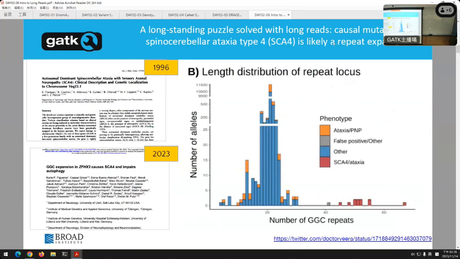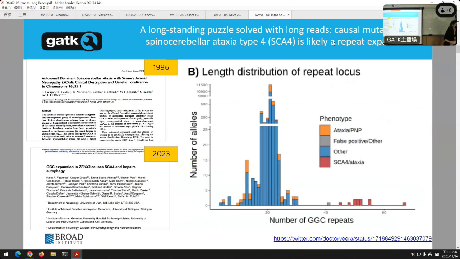So this is a real life example of the type of information that we're able to access with long reads that we couldn't with short reads. In 1996, a paper was published on a disease called spinocerebellar ataxia type 4, a very rare, severe disorder.